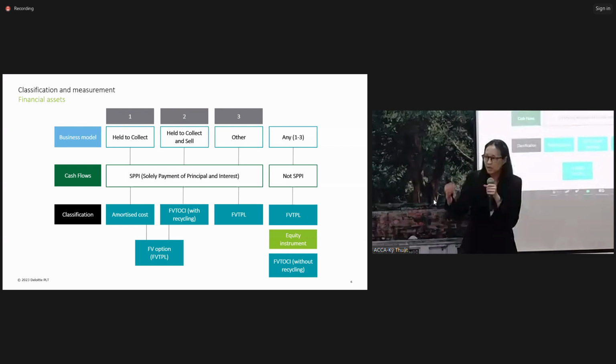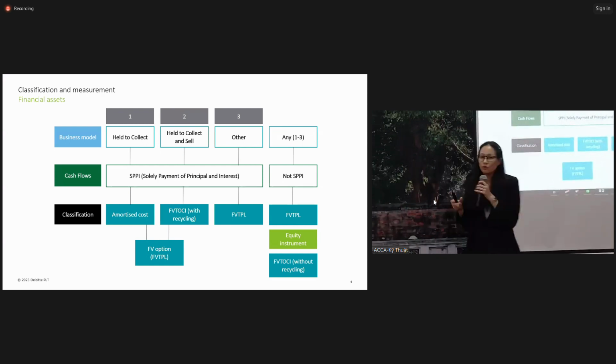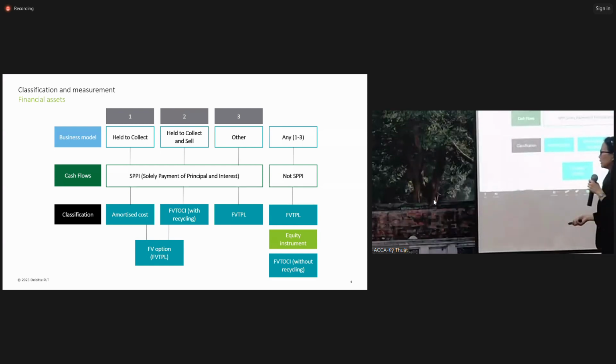So for held to maturity, it clearly says you must fail loans and receivable. So if you follow the thought process, the moment you classify in loans and receivable, it will never go into held to maturity.